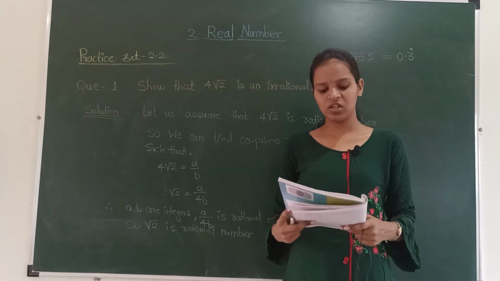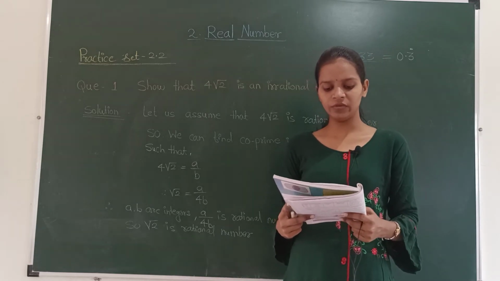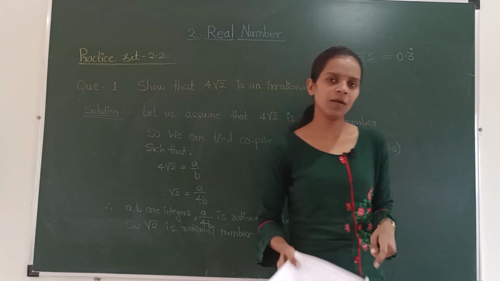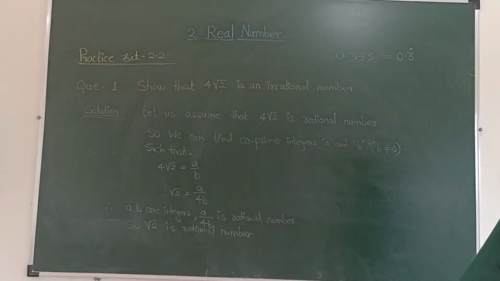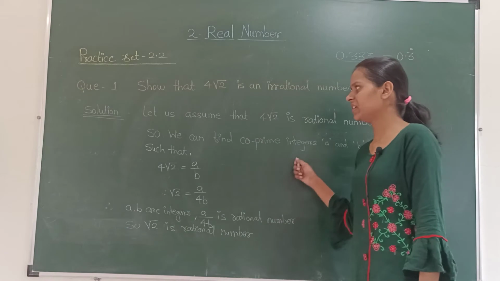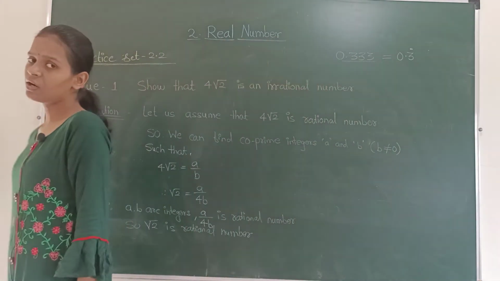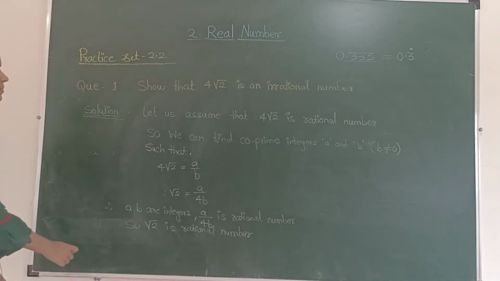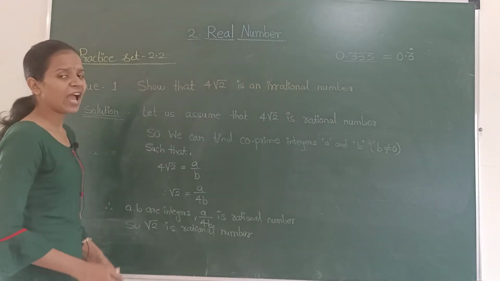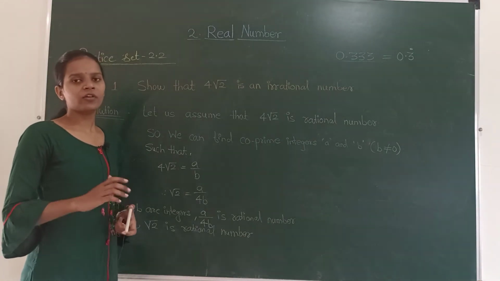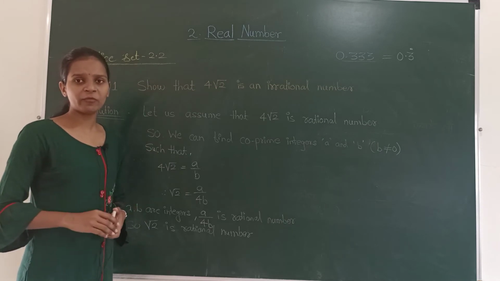See, practice set 2.2. Question first is what? Show that 4 under root of 2 is an irrational number. To show that, we first have to assume the opposite. This is an indirect type of proof.